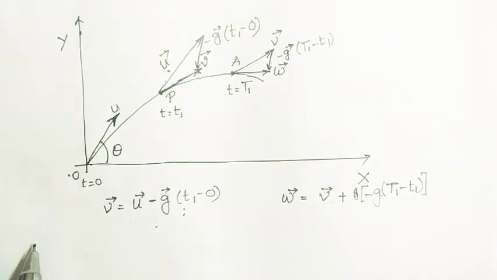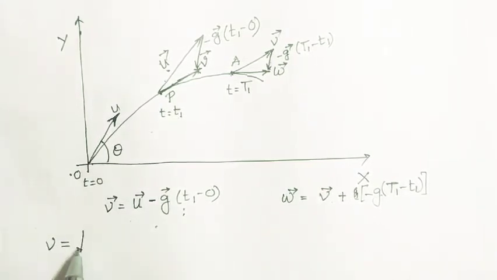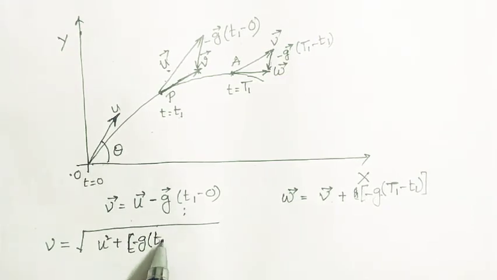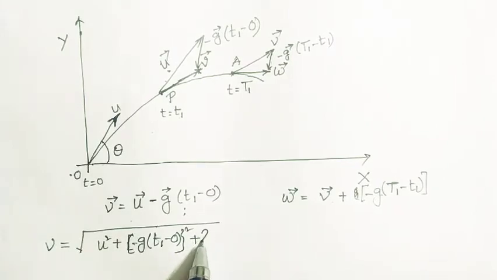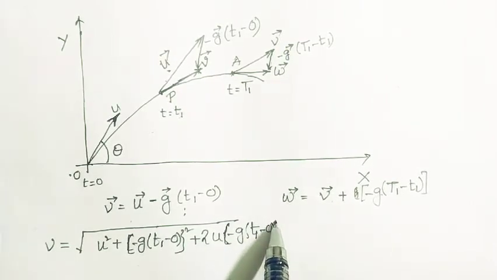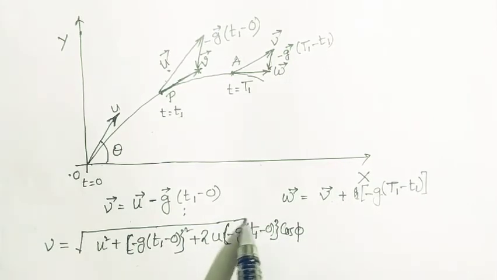Okay, so if you allow me to write this equation, then v equal to root over of u squared plus (minus g into t1 minus 0) whole square, plus 2 times the product with cos phi.